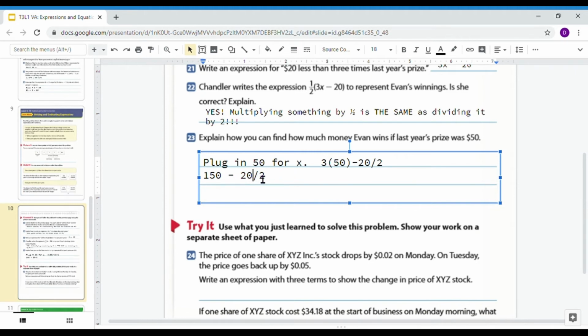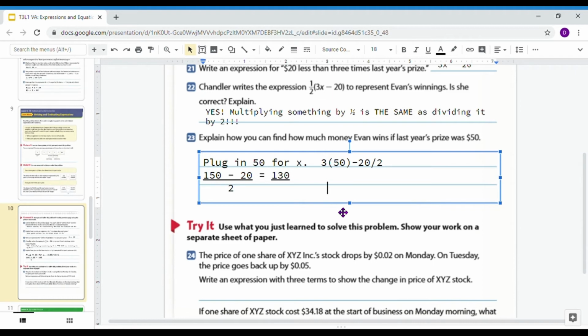But because this is a drawback of being digital, I need you to think of this divided by 2 as being underneath rather than next to it, because in this case my next step is to do 150 minus 20, which is 130, and then I still have that division by 2. Again, this is a pain.